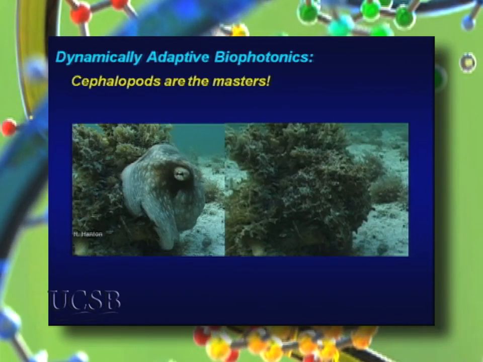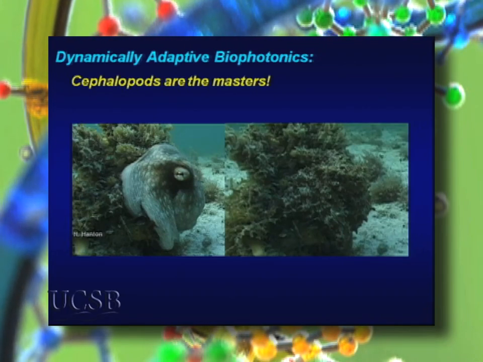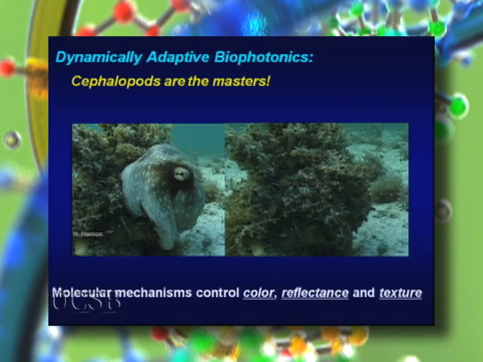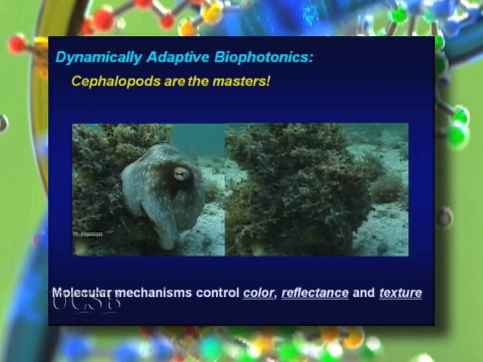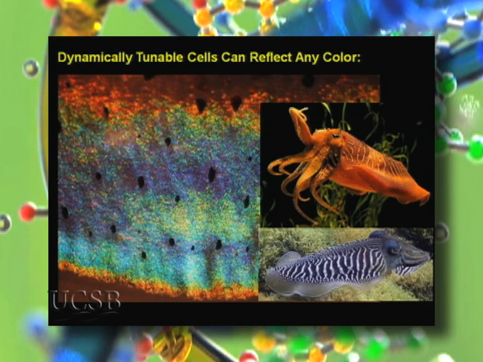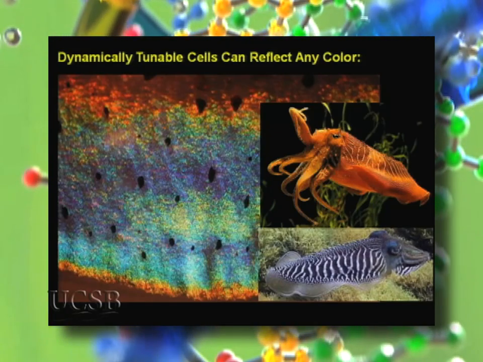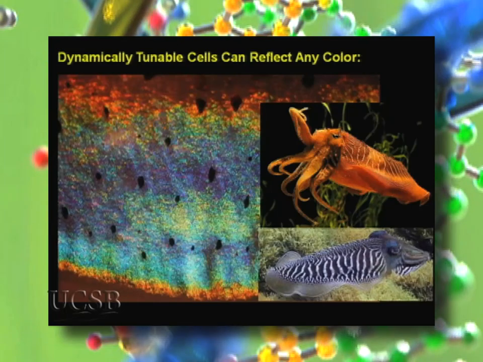He's still there. You can see the eye. It's changed its color, its texture, and its reflectivity, all with neuronally activated changes in different layers of the skin. We've been working on the layer in the skin that is tunable in terms of its reflectance and color.